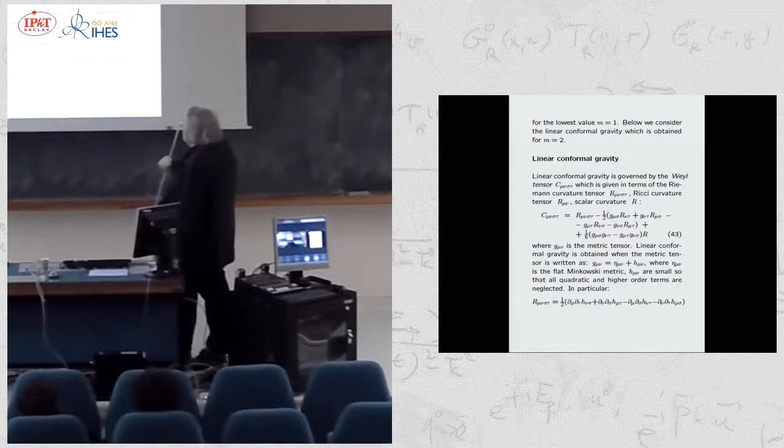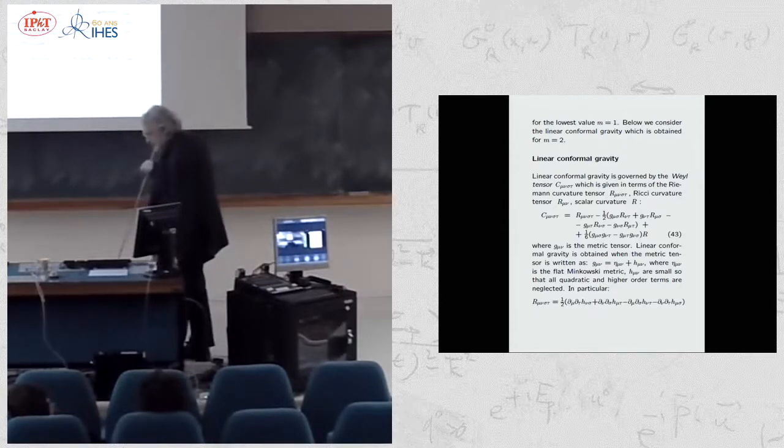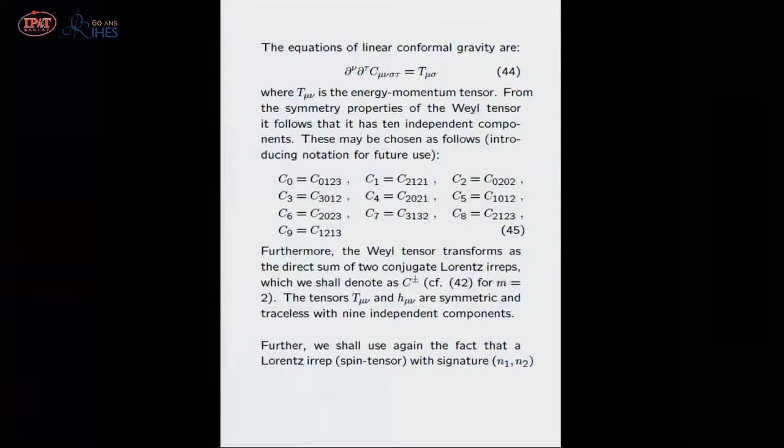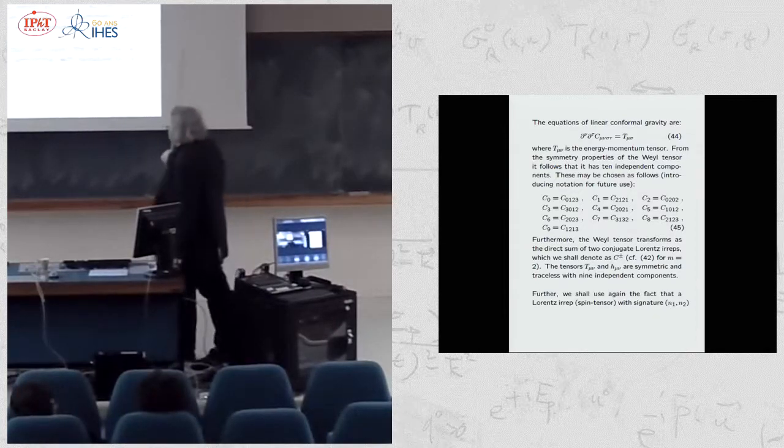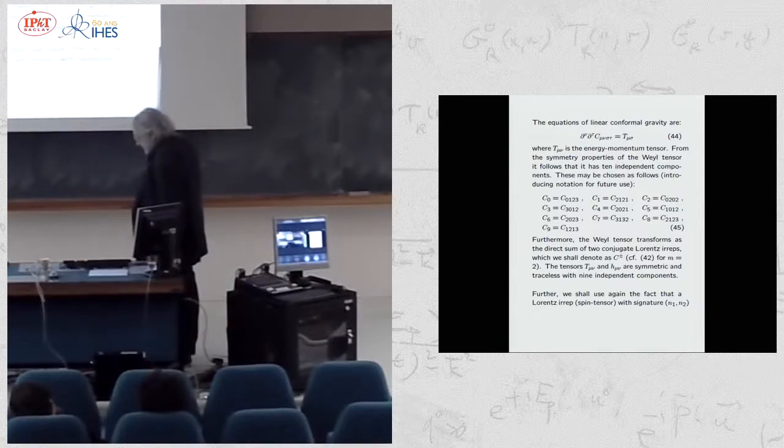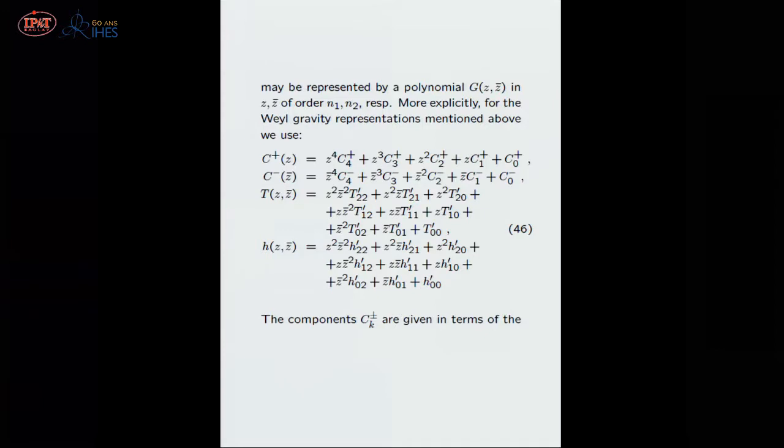Of course, in order to linearize, the metric tensor is written as the flat Minkowski metric plus h mu nu, and then the Riemann tensor looks in this very simple way. I'll go back to the other transparencies. And then the equations of linear conformal gravity are very simple. They have nine independent components, and they are given like this.